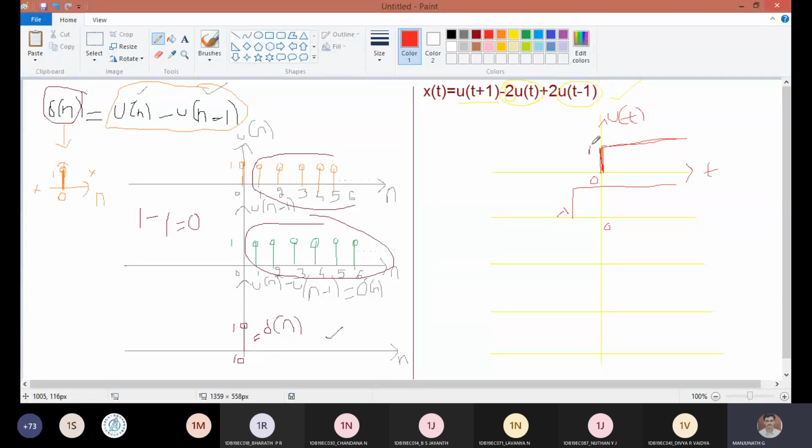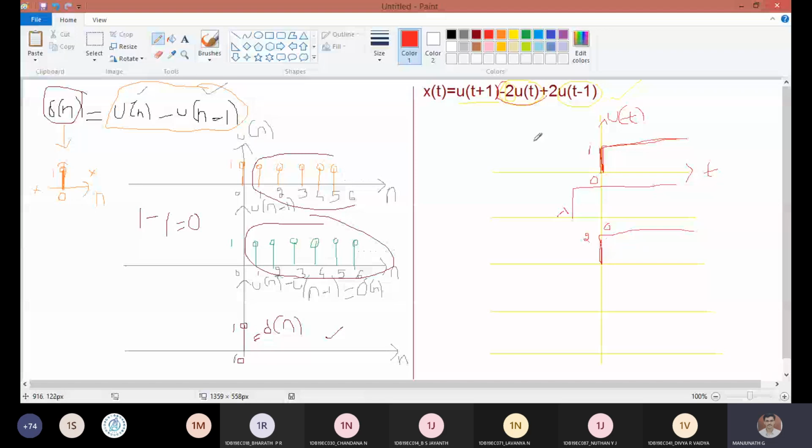So we'll stick with the addition concept first. It's a minus 2, which means what? What type of concept will come here? Time. Now I'm doing this one, minus 2 u of t. I have plotted 2 times u of t, right? I told you we will go with the addition concept, so I'm doing the negation here itself. I'm taking minus u of t. Is it okay?